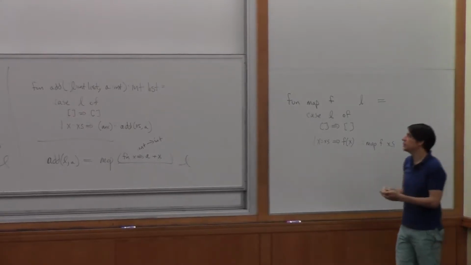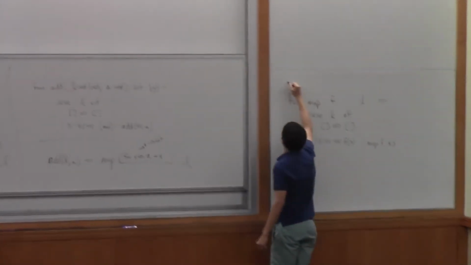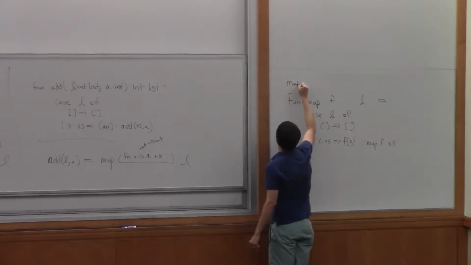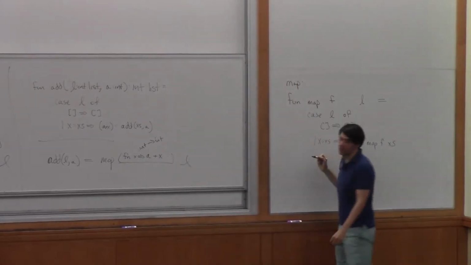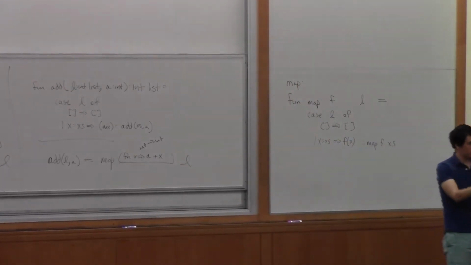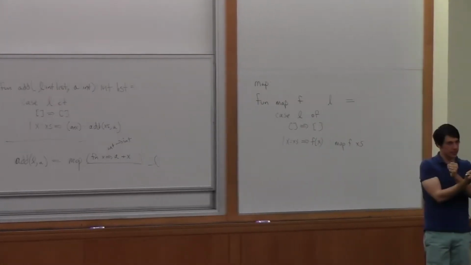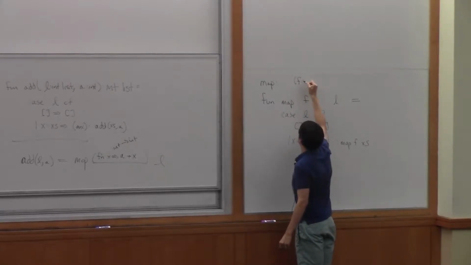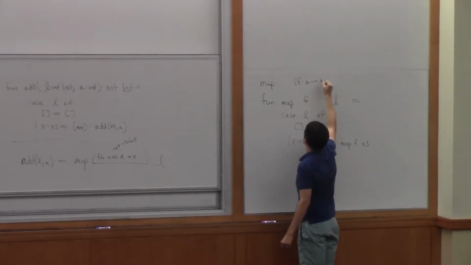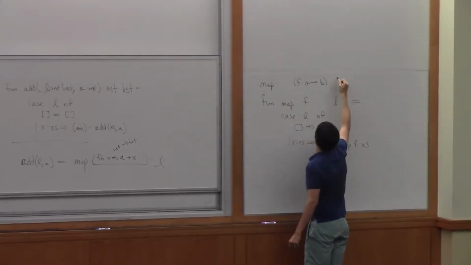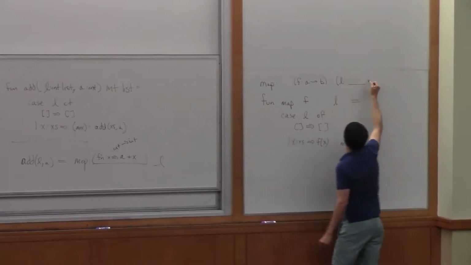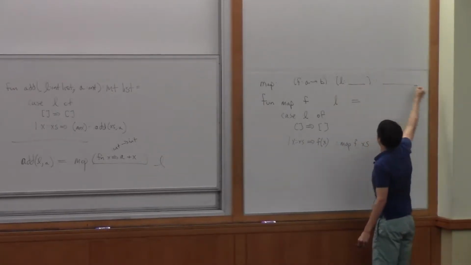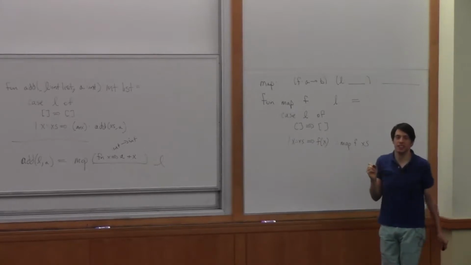So what we want to do is write down the schema that map has, which relates how the different types fit together. So if f takes something to something, and L is a something, then the result is a something.